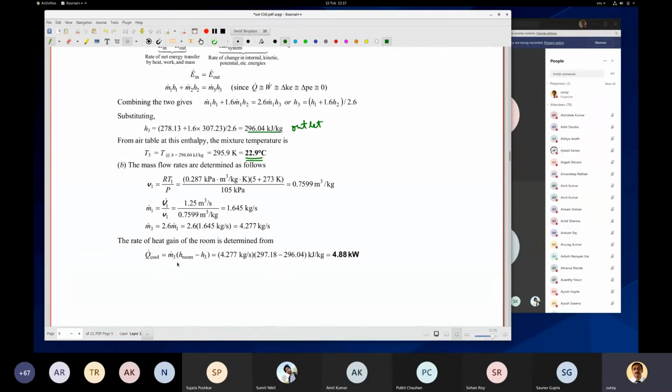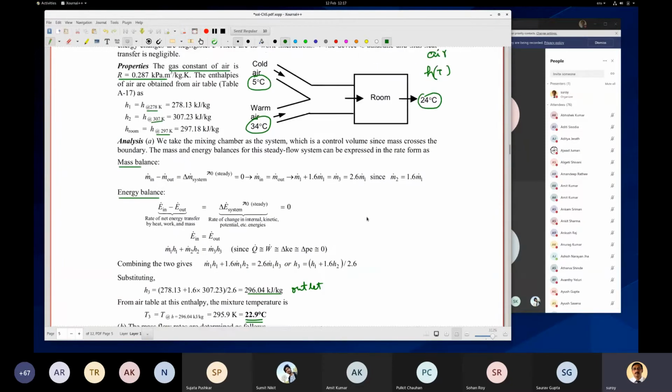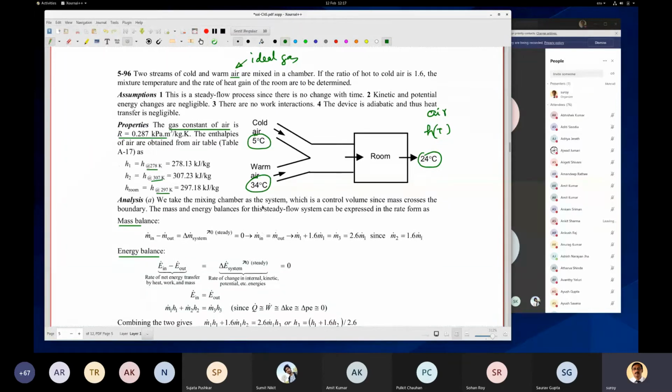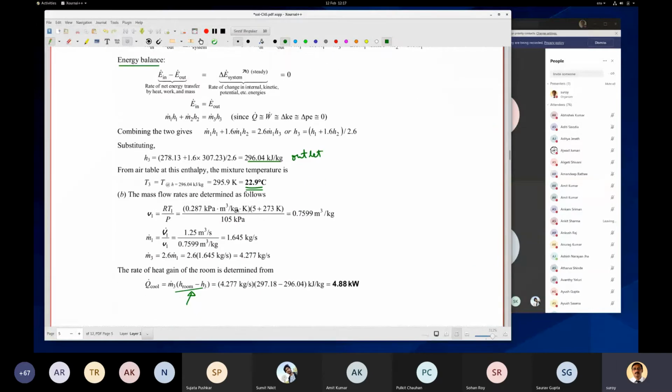For the room, you can get the heat gain. Inside the room, heat is supplied at 24 degrees centigrade, and then the two streams. So this is all a quick energy balance.